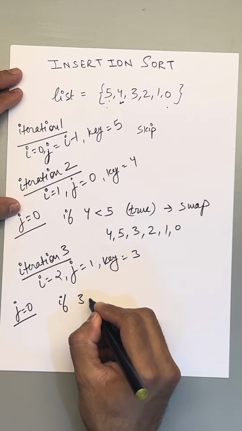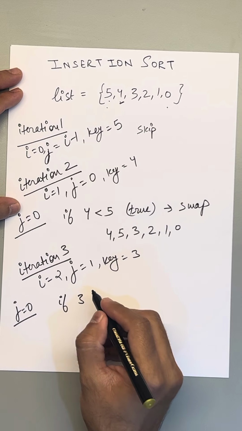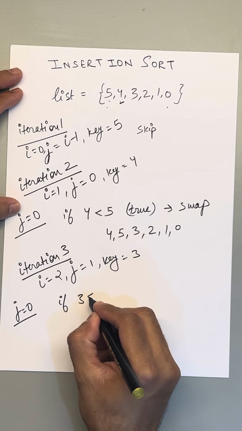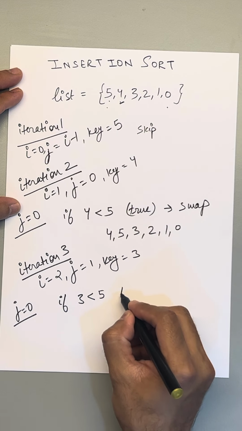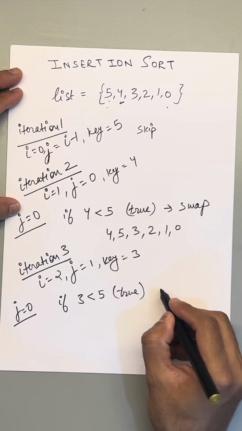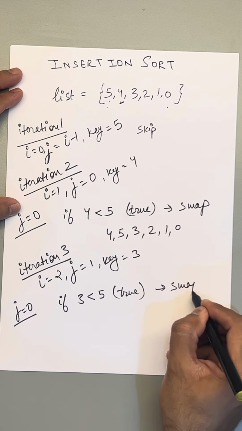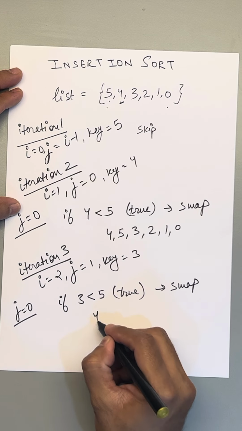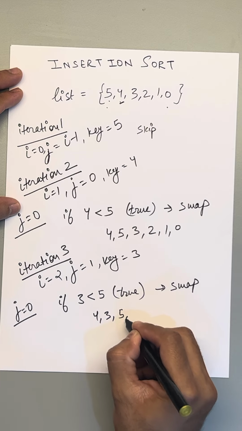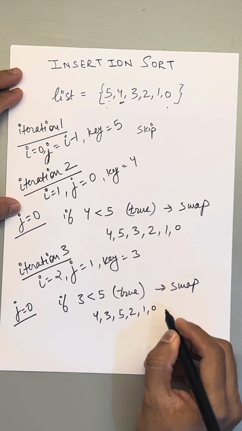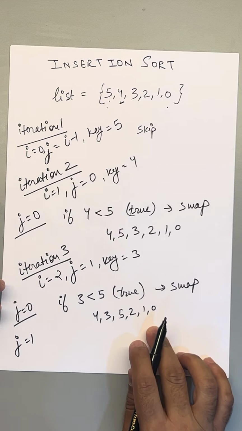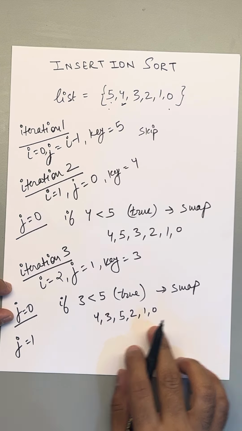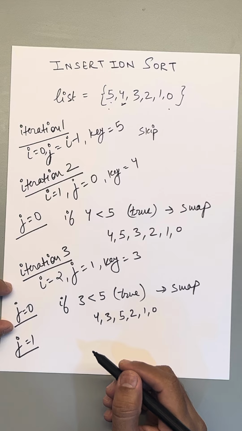We will check whether 3 is smaller than 5, which is true. We'll swap. The output will look like this. For j equal to 0, this operation is done. Now we'll move to j equal to 1.